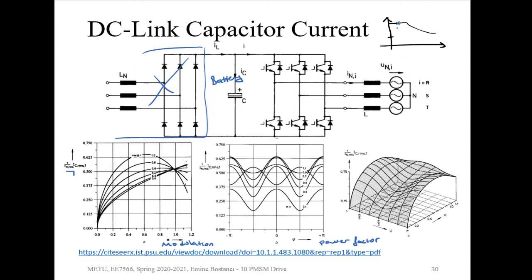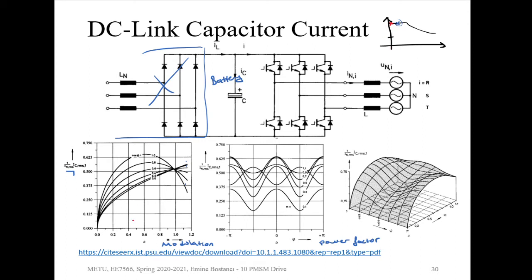let's operate over the max. If you are operating here, you are going to have a modulation index around 0.5, but a high current. Or you can operate here, your modulation index is going to be even lower, but you are still going to have a high current.